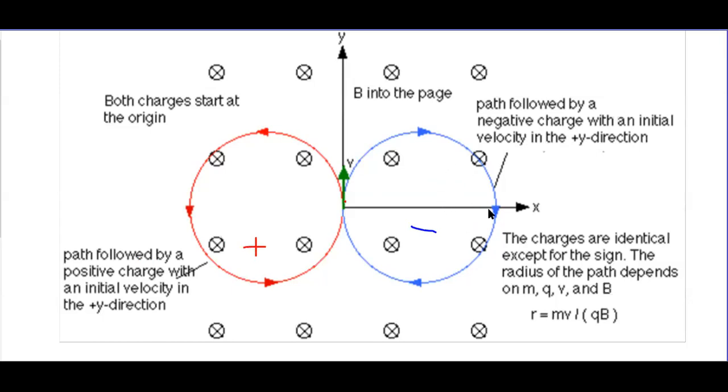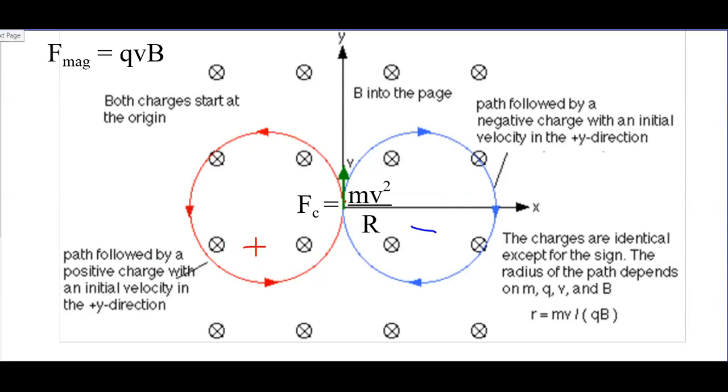If it was a negative charge, it would travel in a clockwise direction because you'd use your left hand, as the velocity initially was going up in the Y direction. So that just tells us we have to combine a past unit into this. We know that the force experienced on this moving particle is the magnetic force. But if it's also undergoing circular motion, then there is an equivalent centripetal force acting on this particle.